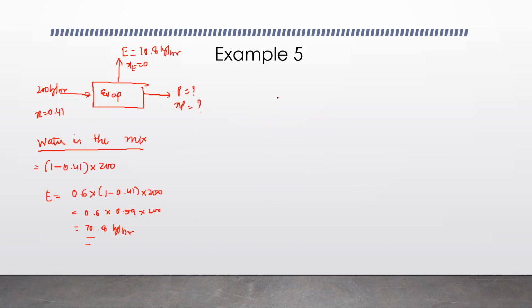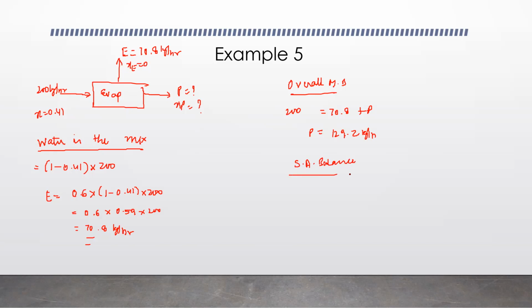So we are going to use the overall material balance. So we get 200 is equal to 70.8 plus P. Hence, we get P as 200 minus 70.8, that is 129.2 kg per hour. All right. And then we are going to do the sulfuric acid balance.